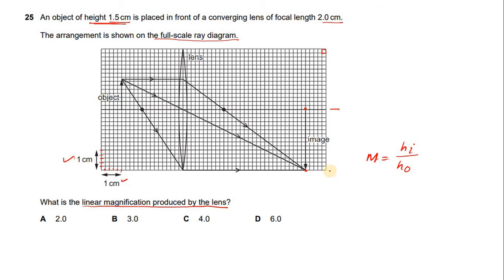If you count, the total number of boxes is 15. This is 5, this is 5, and this is 5, so 1 centimeter, 1 centimeter, 1 centimeter. As per this grid, the height is 3 centimeter divided by the height of the object, 1.5 centimeter. So magnification will be 3 upon 1.5, which is 2. So magnification is 2. Option is A.